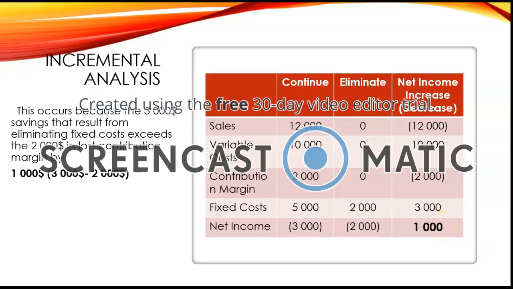This occurs because the $3,000 saving that results from eliminating fixed costs exceeds the $2,000 loss in contribution margin by $1,000. As a result, under these circumstances, the company will receive a net income of $1,000.